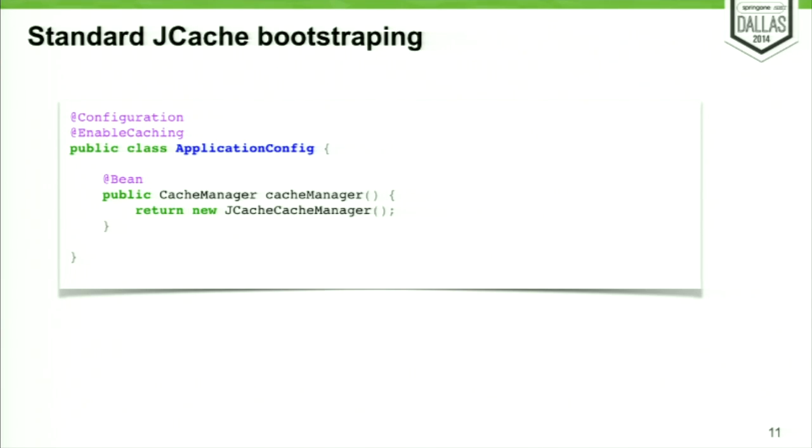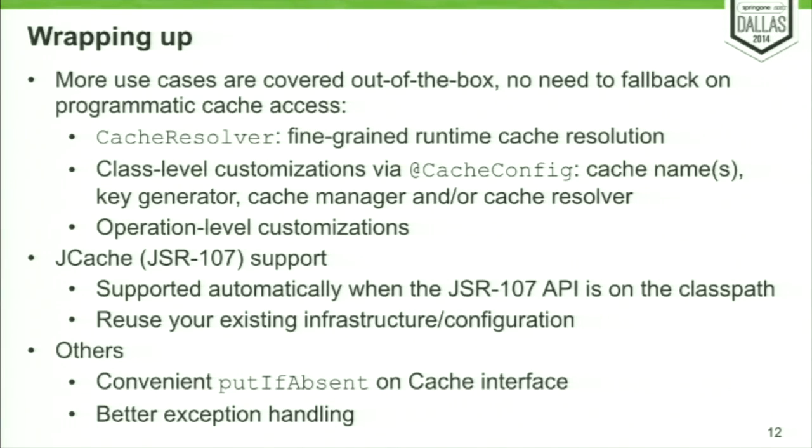Right. So to wrap up this section. Yeah. As you've seen, especially thanks to the users' feedback and great community feedback, Spring 4.1 has improved its declarative model for caching. And lots of things where you had to fall back to coding stuff yourself, now you can use out-of-the-box options.